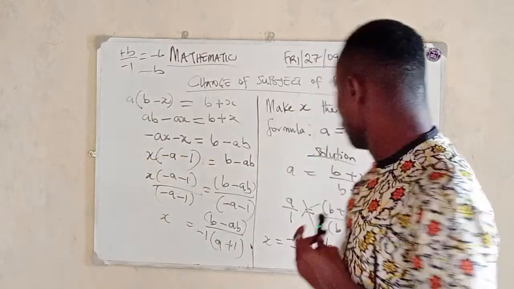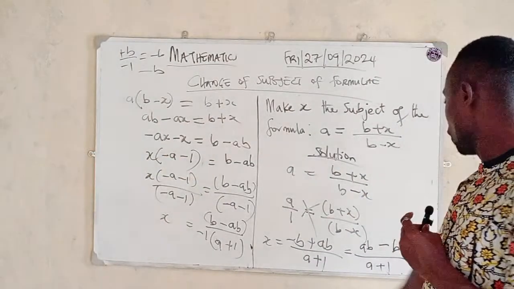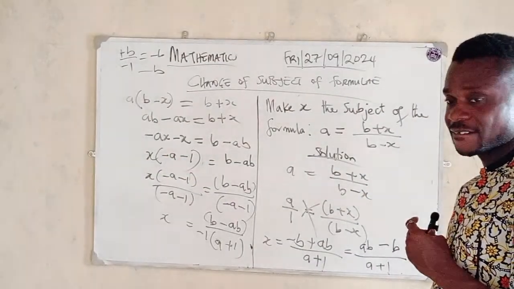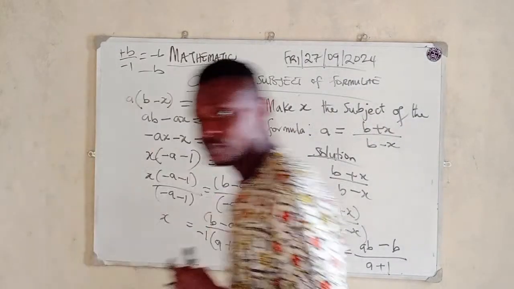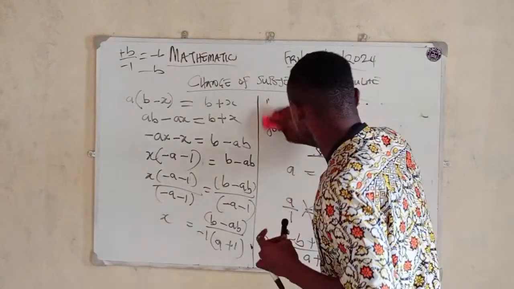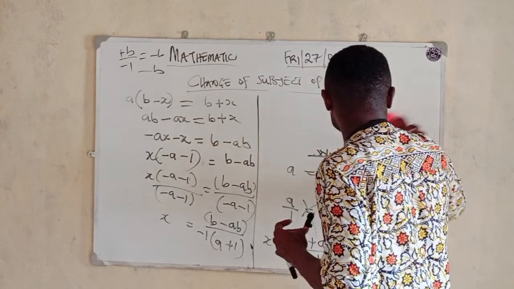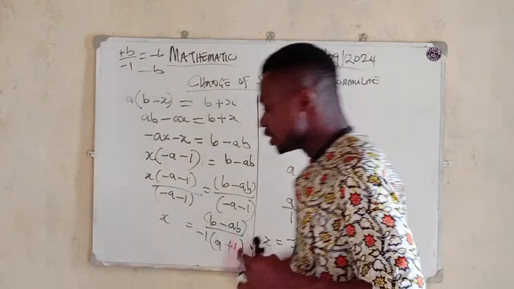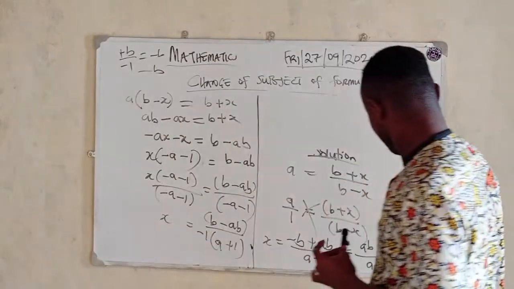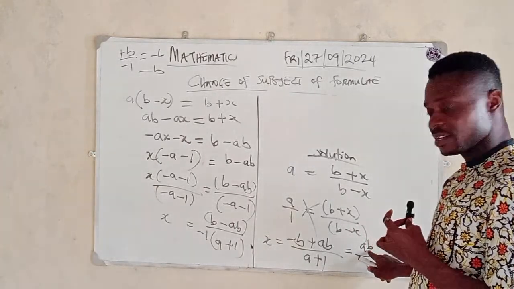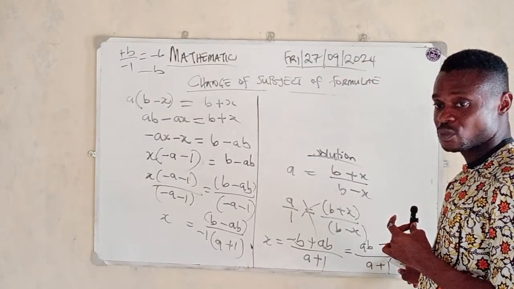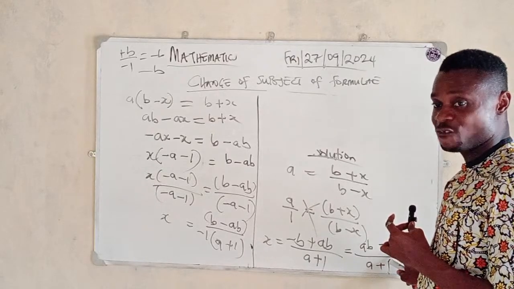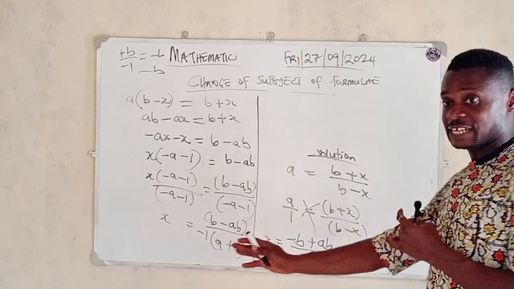Something can still be done here. Look at it. Tell me what you can do here. This is the answer, but I want us to write it properly. There's B here, there's B here. So what can we do? We factorize and bring it out, right?